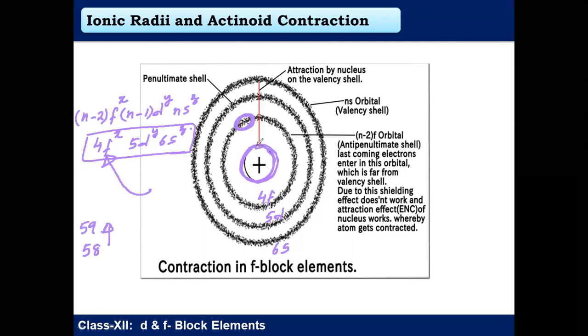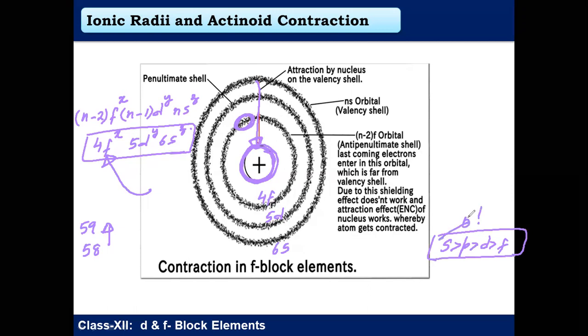As the number of protonic charges increases, the attractive influence of these nuclear charges on the 6s electron also increases gradually and very prominently, because the shielding ability of the f orbital is very poor. As you know, the order of shielding ability is s, then p, then d, then f. Shielding ability is an important part of the whole discussion. We may discuss it sometime in the future.